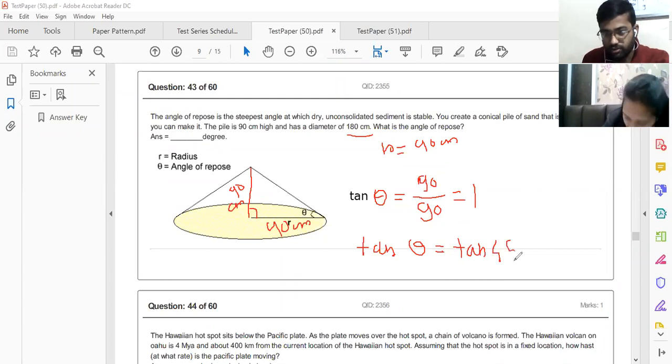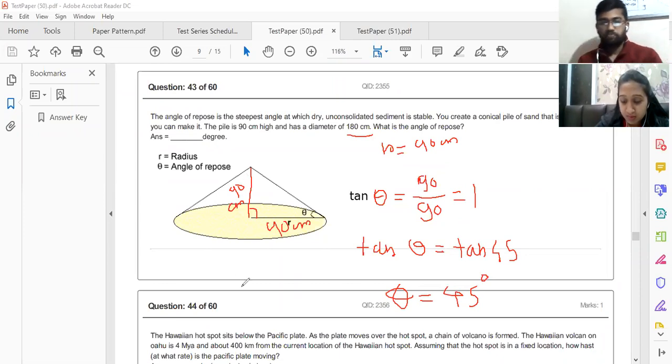So if we compare this, we will get theta is equal to 45 degrees. Clear?